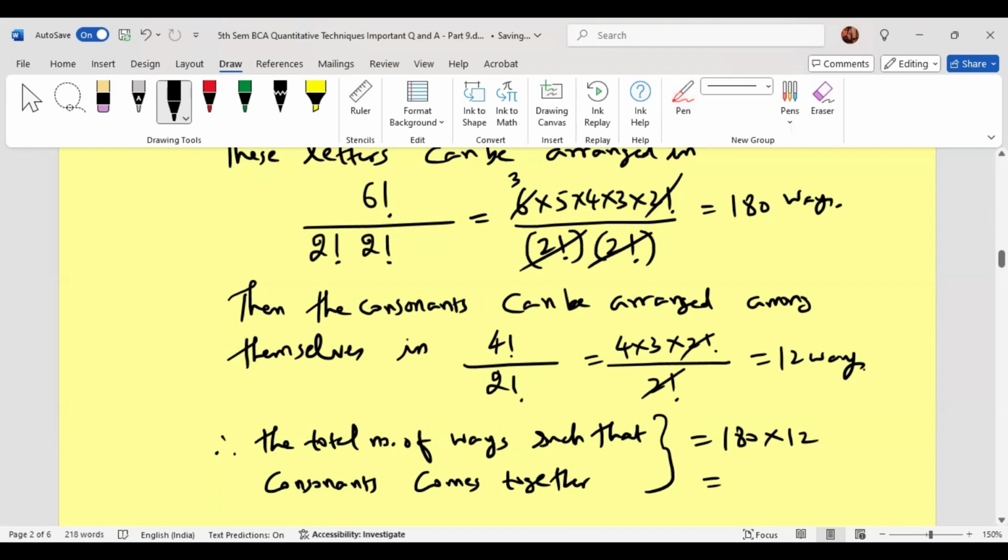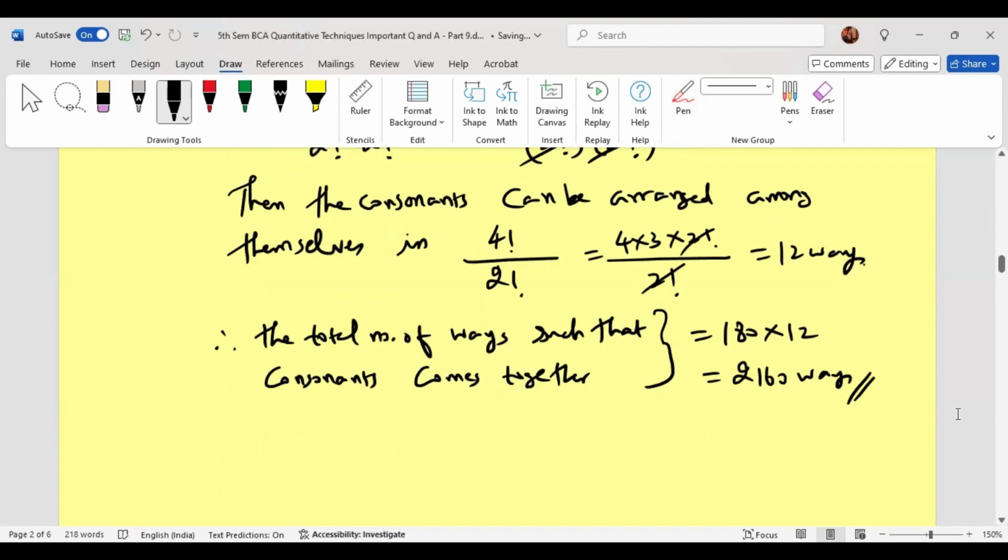That will be 2160 ways. That is our part C.